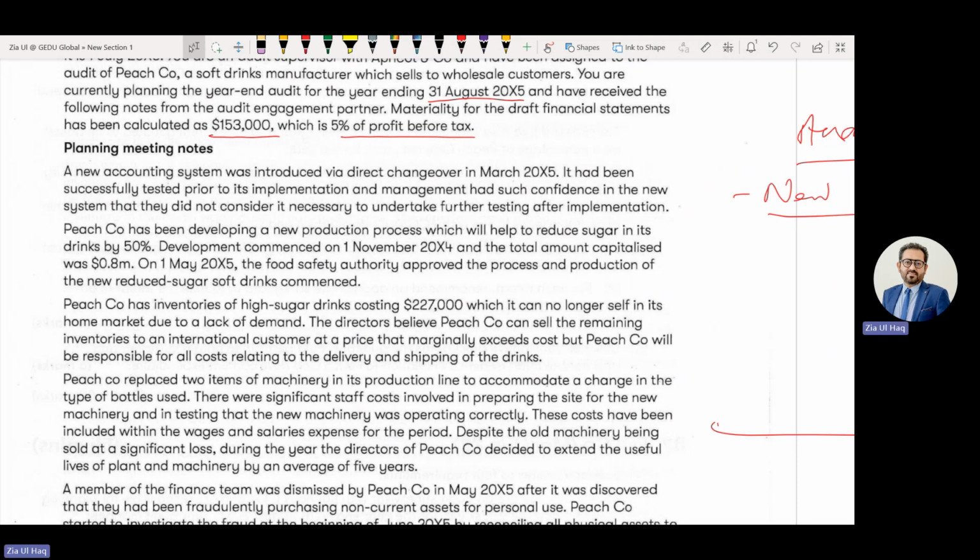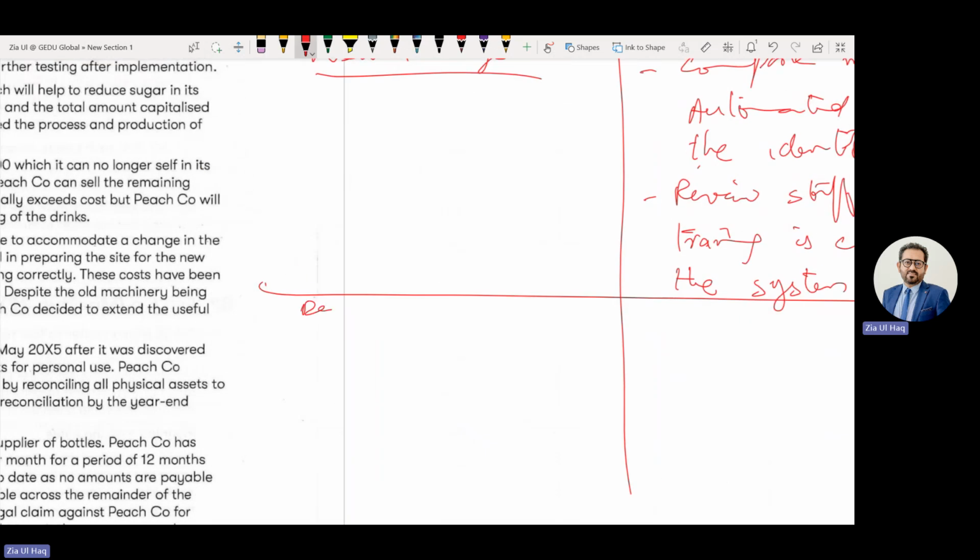During the year, the total amount capitalized was $0.8 million. This means development costs they have capitalized. On 1st May 20x5, the Food Safety Authority approved the process and production of the new reduced sugar soft drink commenced. But they got approval on 1st May 20x5. So we can say development cost.